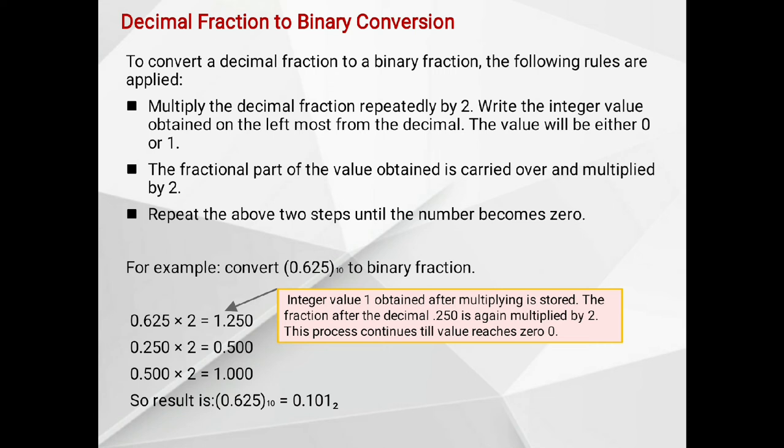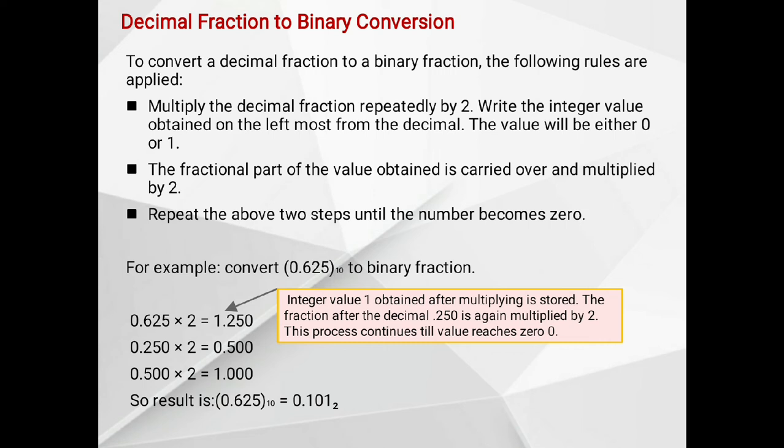Here also, on the left side you will get the value either 0 or 1 only. Again 0.250 is multiplied by 2, and you produce the result 0.500.